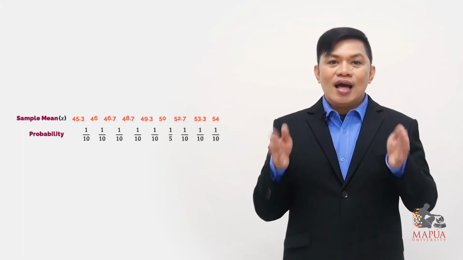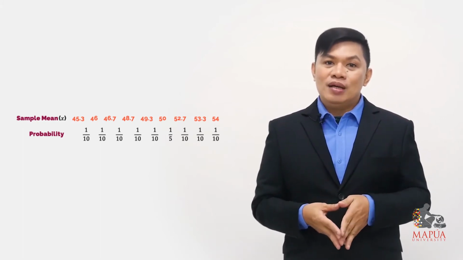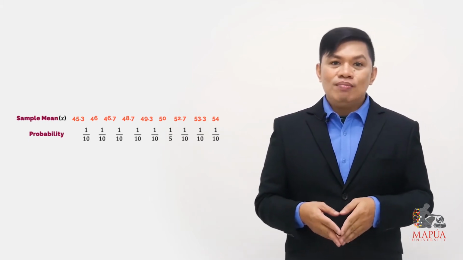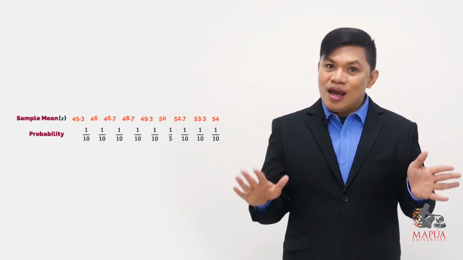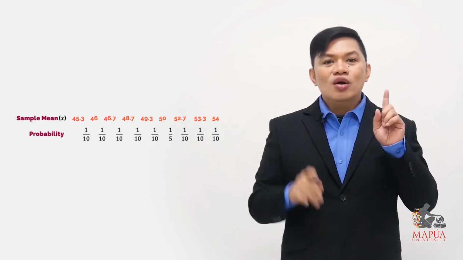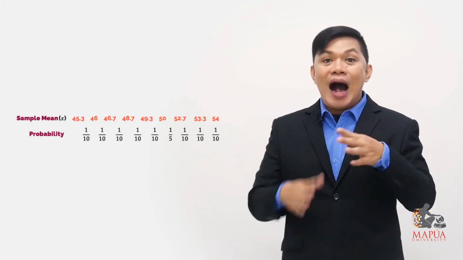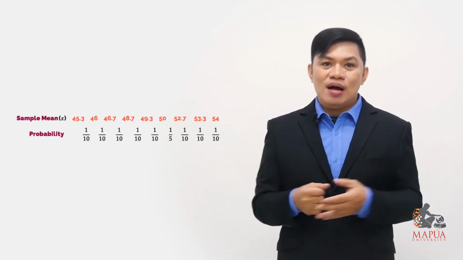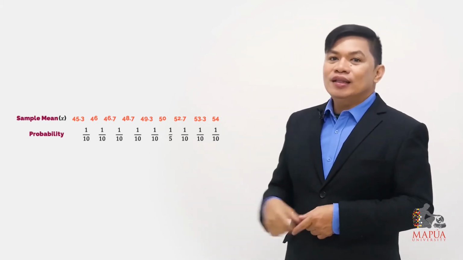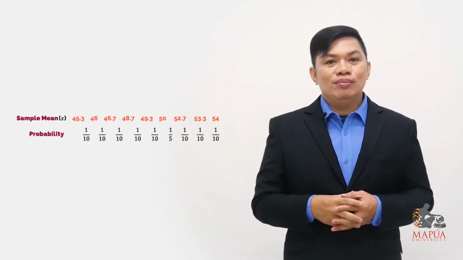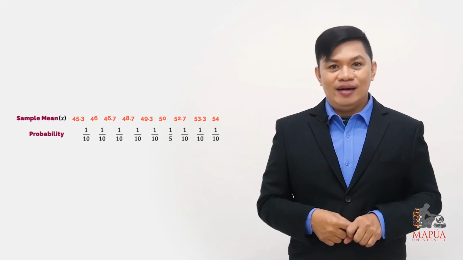So when you compute the corresponding probability in your probability distribution, it's going to be 1 over 10. Is that clear? It's 1 over 10 because there is only one group that yielded 53.3 out of 10 possible sample groups. So if you look at the table now, the first entry in the sampling distribution in the second row is 1 over 10.